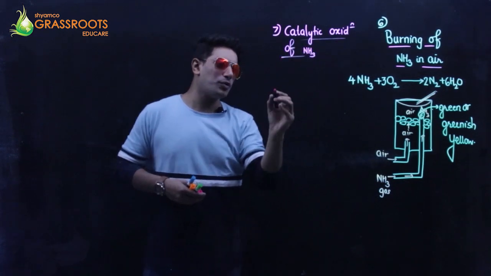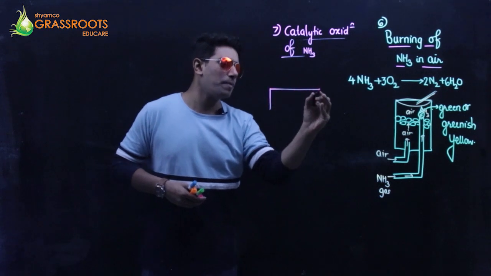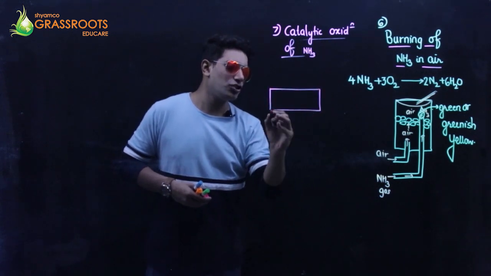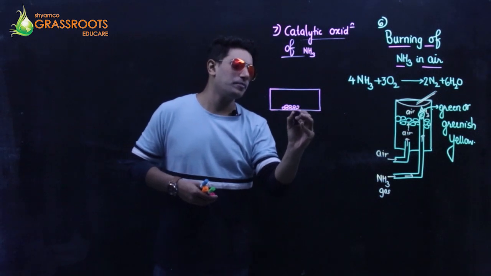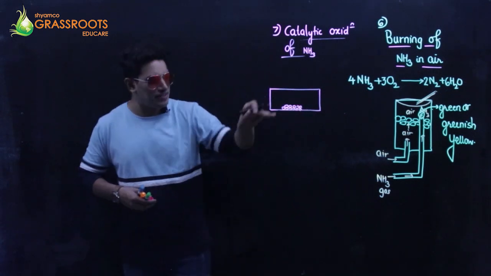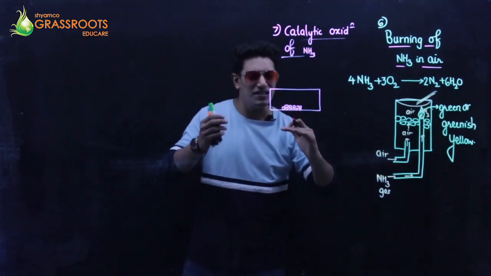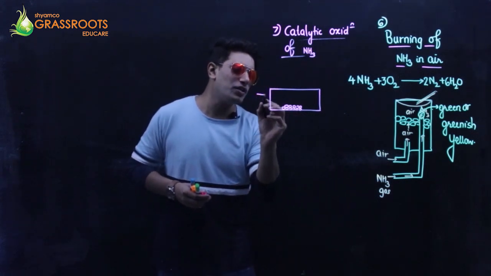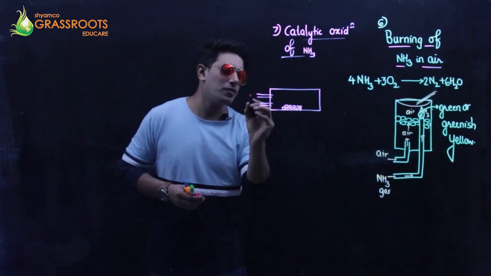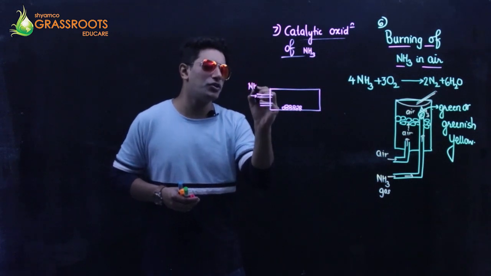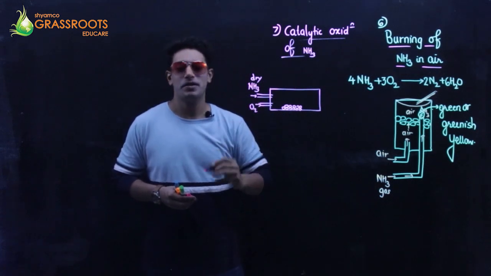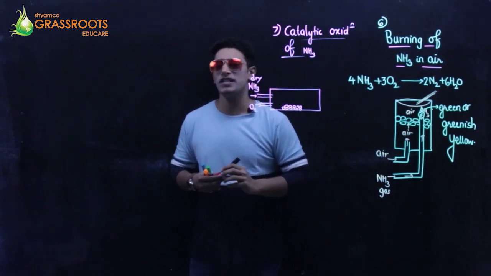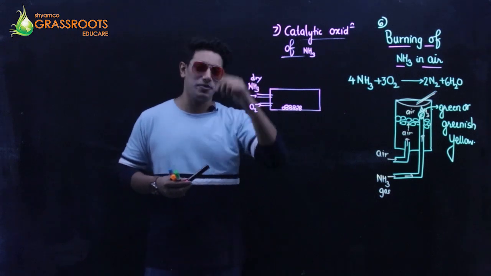What we have is a test tube in which there is a catalyst called platinum, which is placed somewhere at the bottom of the test tube. Through this, we pass dry ammonia, and again we pass oxygen. Right. This is the starting process for Ostwald's process.